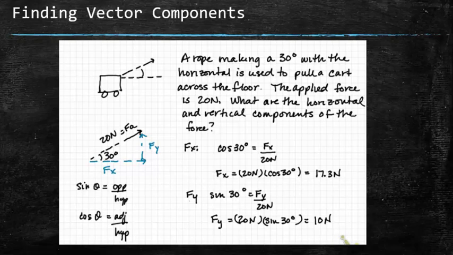So cosine of 30 is equal to F_x over 20 newtons. You work through the math, and you get F_x is 17.3 newtons. You do a similar thing using the sine, and you end up with the force in the y direction, or the y component, is 10 newtons.